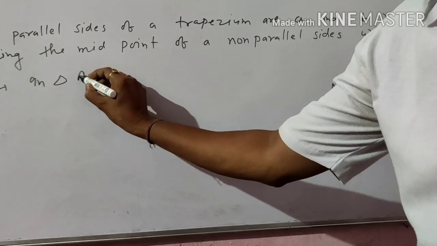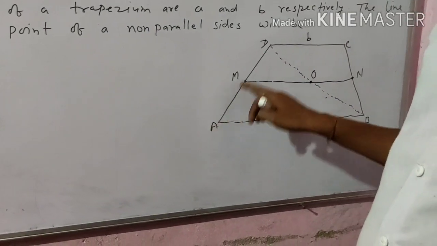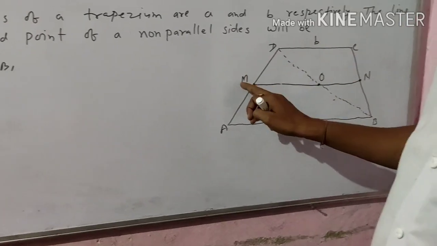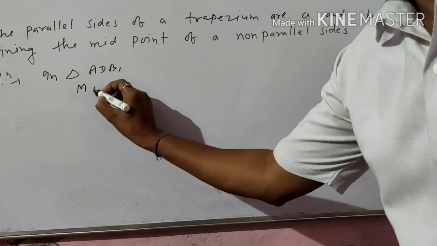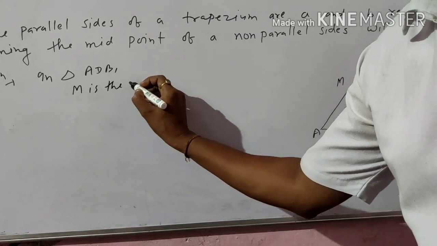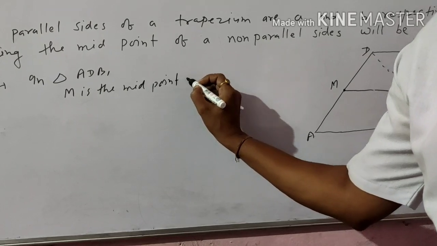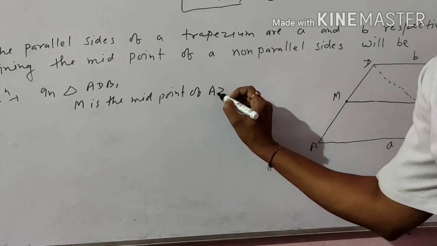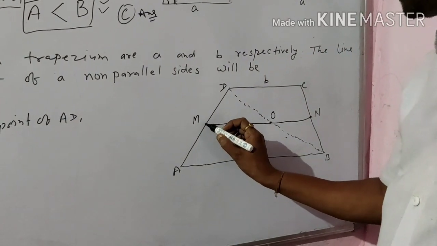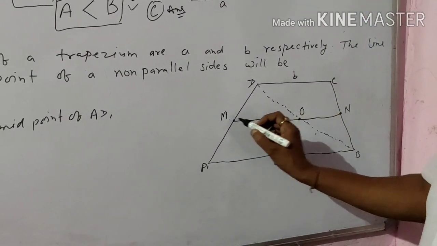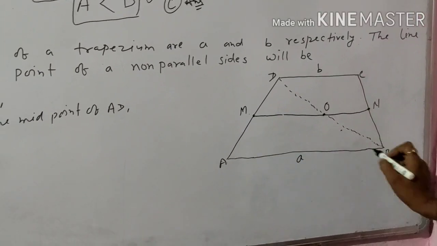In triangle ADB, M is the midpoint of AD, and MN is parallel to AB.